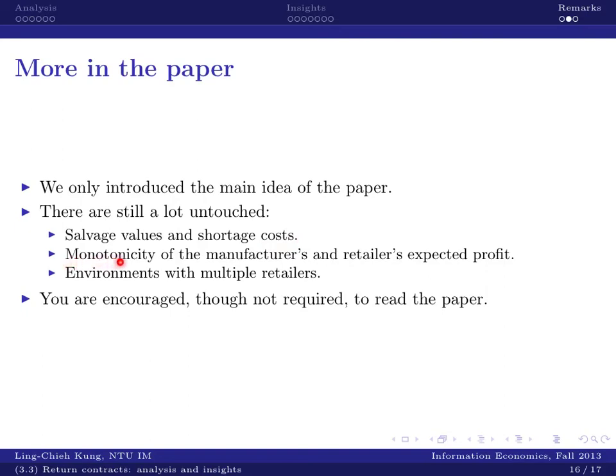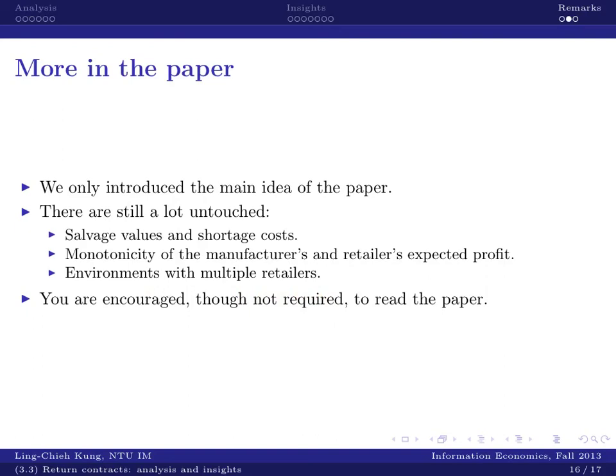Also, the monotonicity of the manufacturer's and retailer's expected profit has been proved in the paper. I would say this part is not the most important thing, but it's interesting to know this is true, and it is also intuitive. And finally, in the paper, he discussed something related to the multiple retailer case. He would argue that the contract would be possible to coordinate one retailer, but when there are multiple retailers, things may be different.